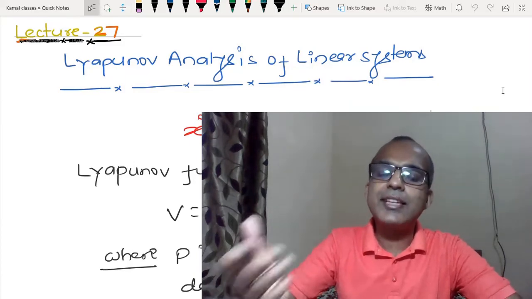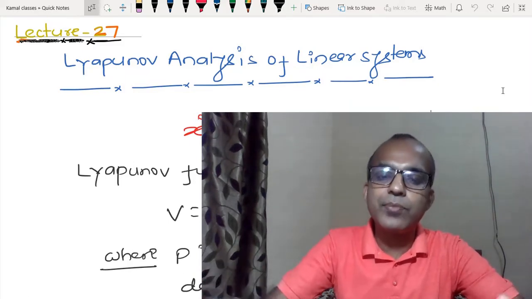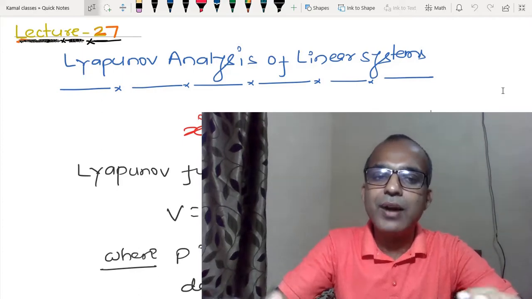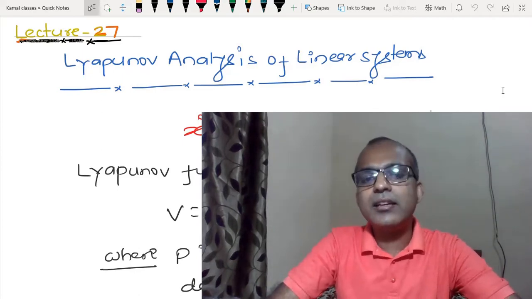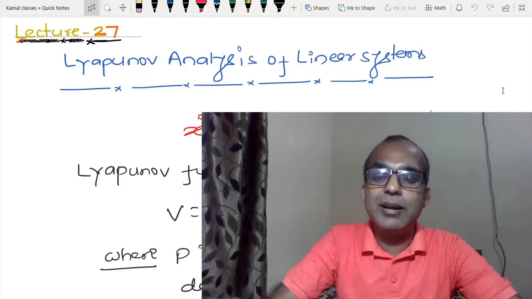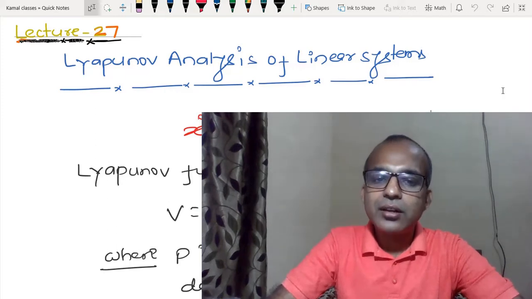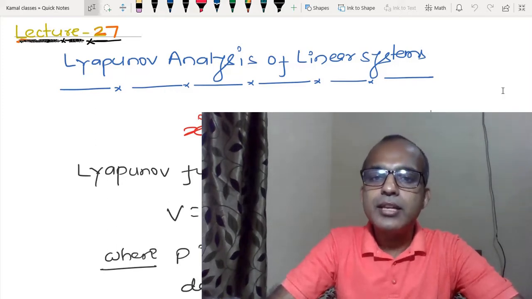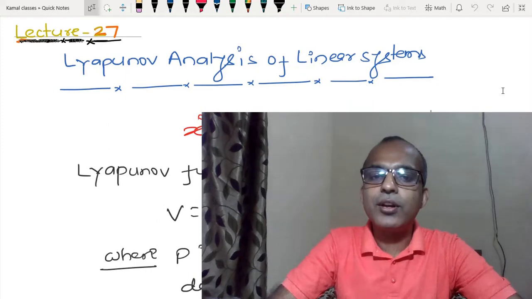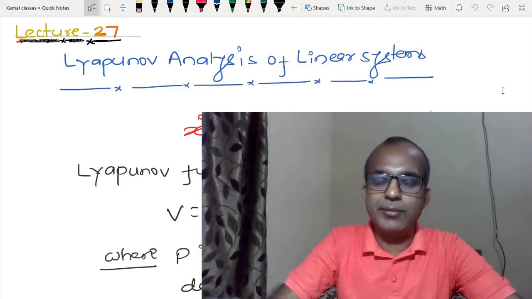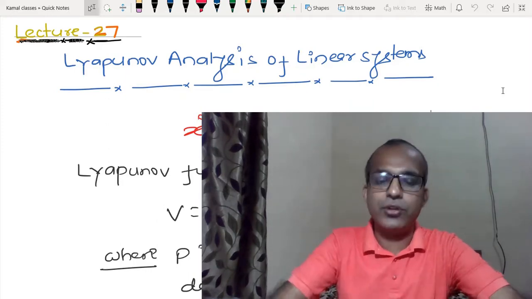After that we add something more and modify that Lyapunov function, and finally we are able to construct the Lyapunov function for the nonlinear system. So we are developing Lyapunov function construction for linear time varying and linear time invariant systems.